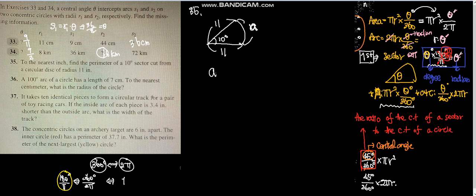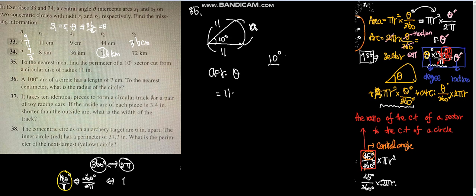Then A is r times theta. Therefore, r is 11 and theta is 10 degrees, but you cannot write 10 degrees down because you cannot multiply degrees with a real number, so you need to convert this into radian. How do you convert 10 degrees into radians?